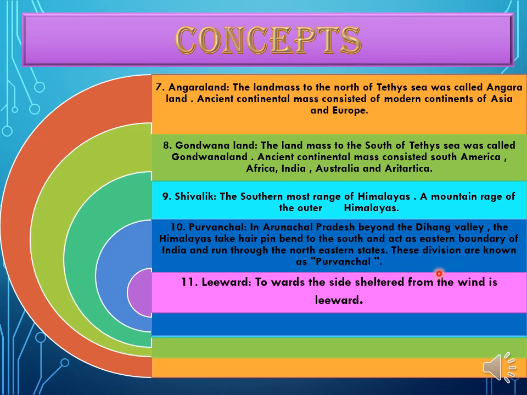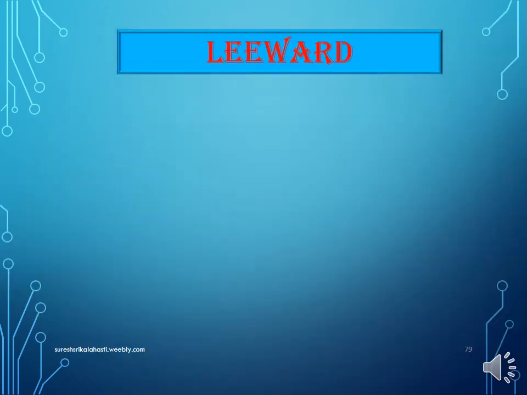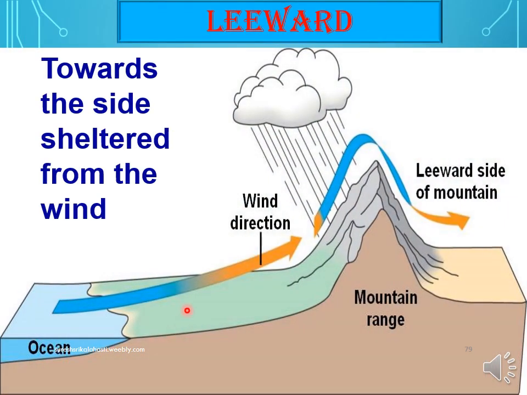This division is known as the Purvanchal. Leeward side: the side sheltered from the wind. In the picture you can understand very well what the leeward side is. This is the wind, so the area opposite to that is known as the leeward side.